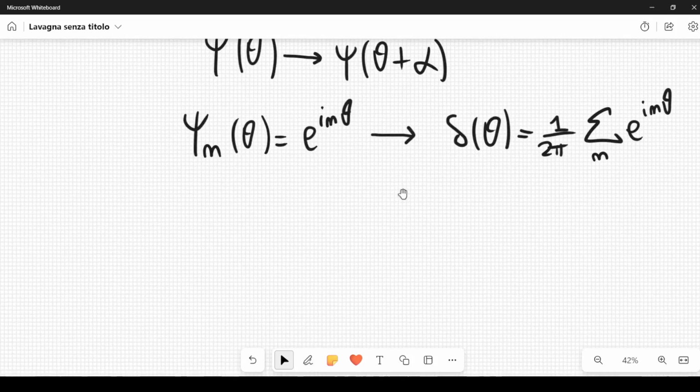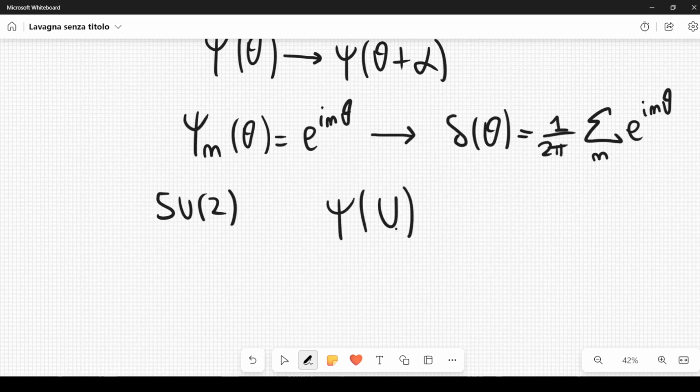Now, we can go to the group SU2, which generalizes what we have just seen. Basically, we have an inner product there as well. We have functions that depend on a certain group element, U. This can be thought of as a 2 by 2 complex matrix, and it's such that U dagger U is equal to the identity, or also U U dagger is equal to the identity.